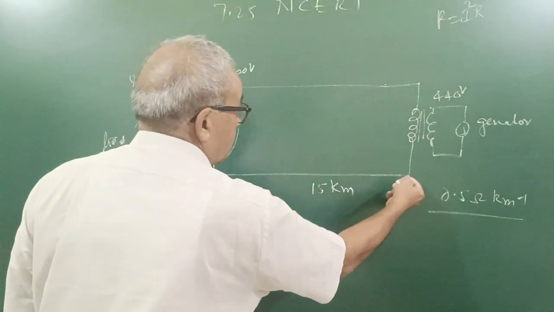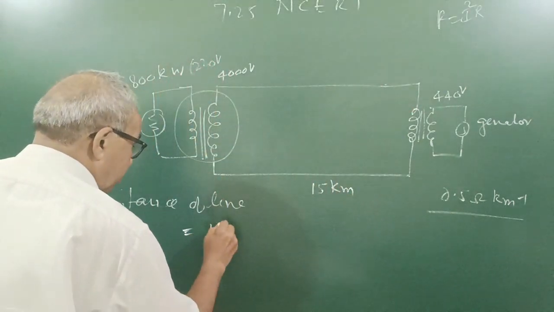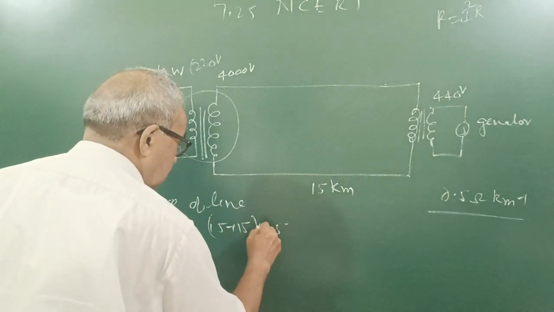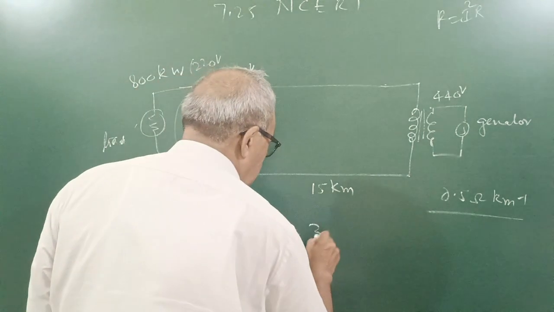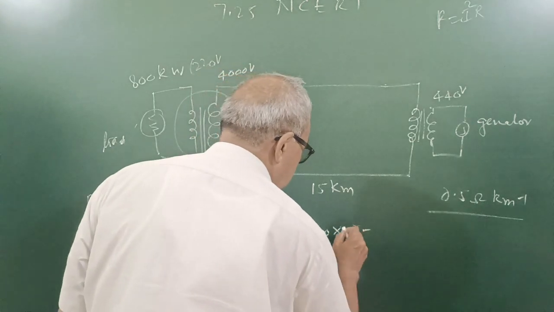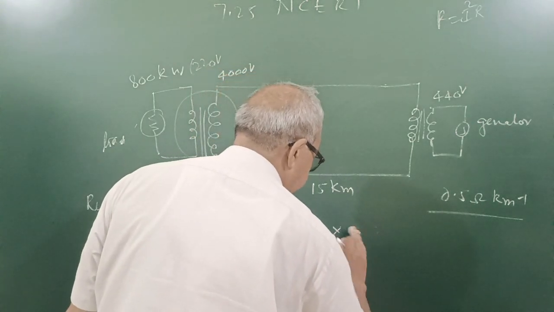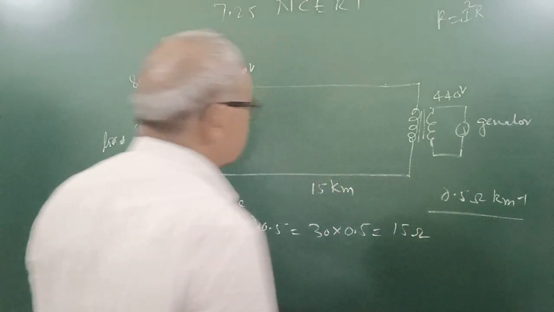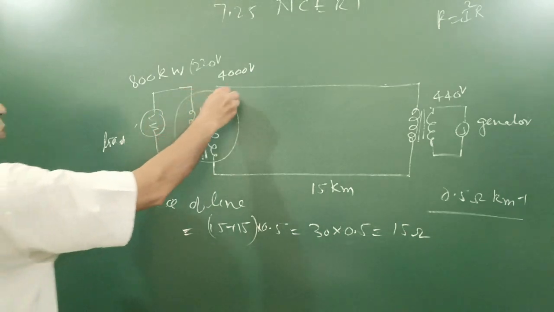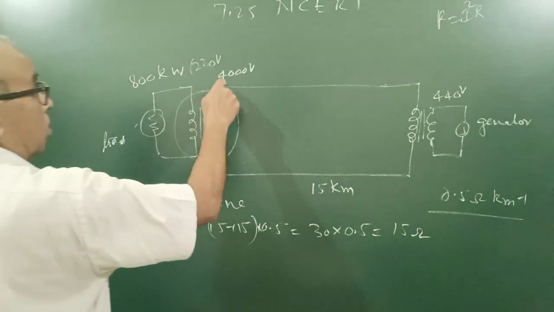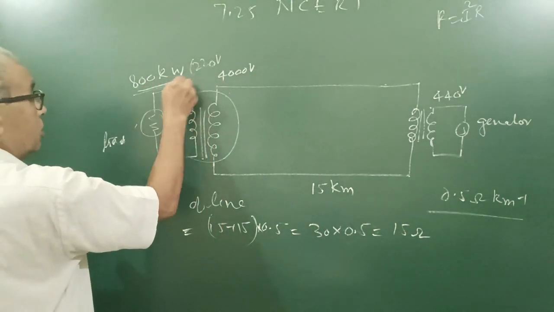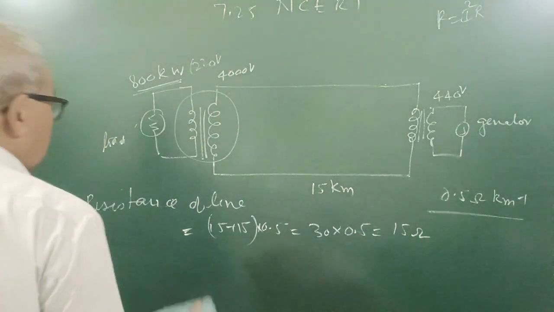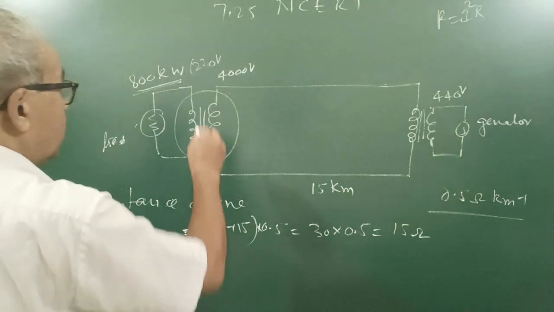15 kilometer and 15. Indicate 15 plus 15 into 0.5 means 30 into 0.5 means 15 ohm. 15 ohm is the resistance. The town is getting power of 800 kilowatt through this transformer. So current in the line क्या होगा?